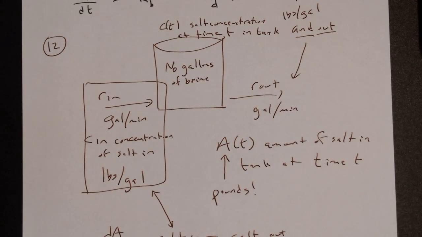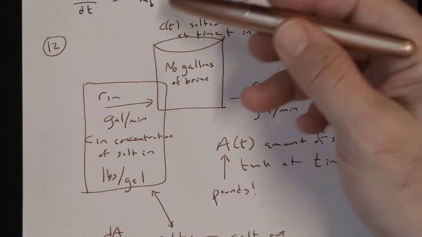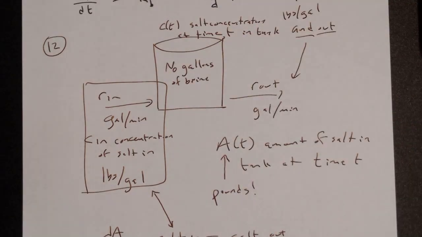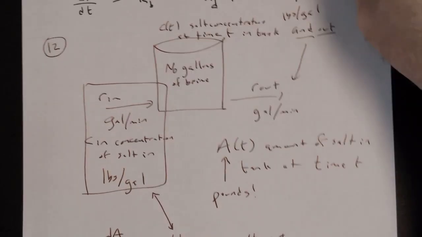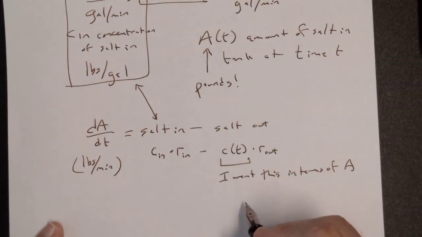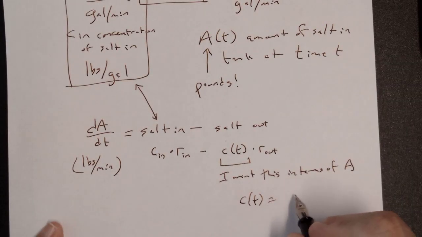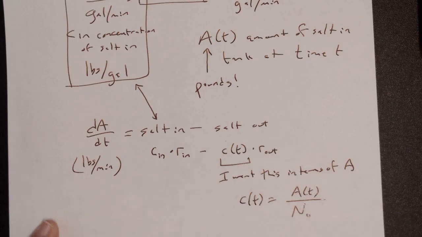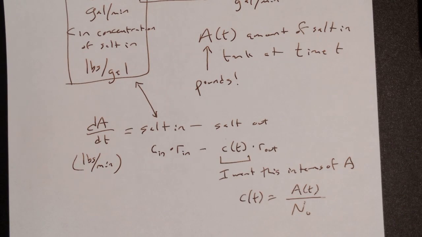So it's actually going the other way. I want pounds per gallon. That's the amount of salt in the tank divided by the number of gallons in the tank. So I actually have hiding right up here an expression for C of T. C of T is really A of T over the number of gallons in my tank.